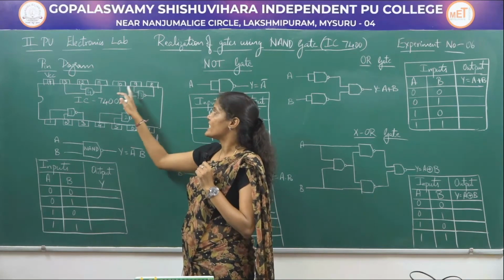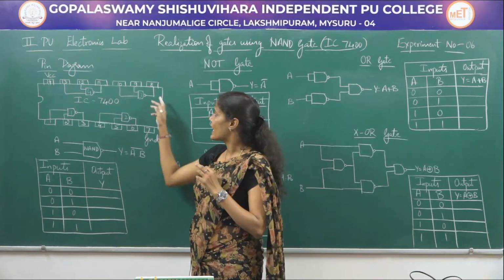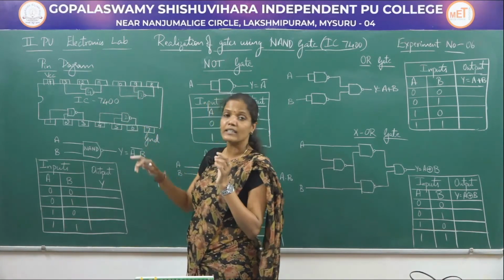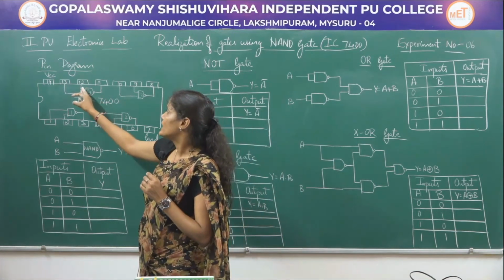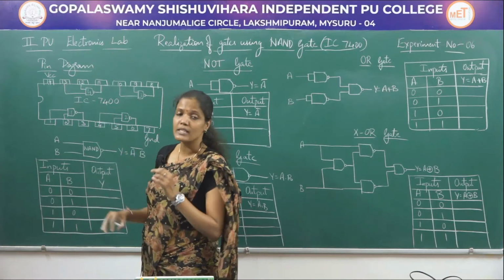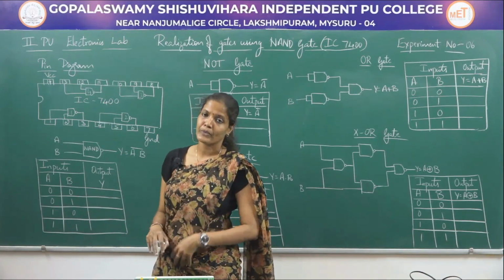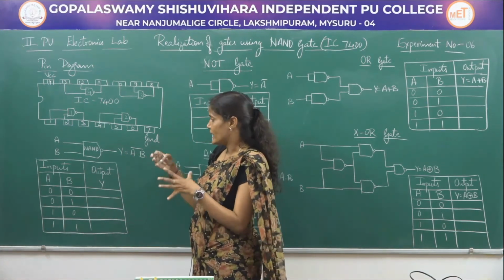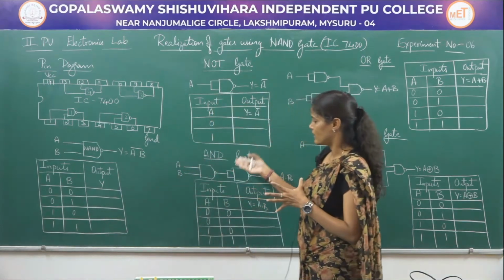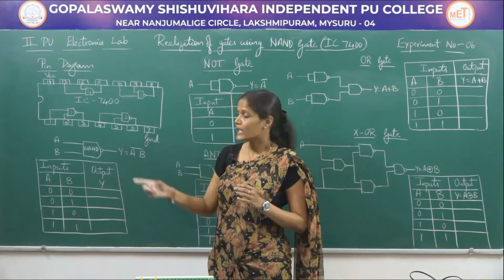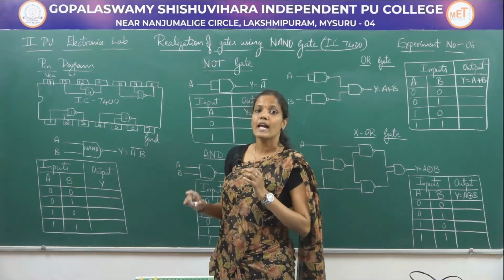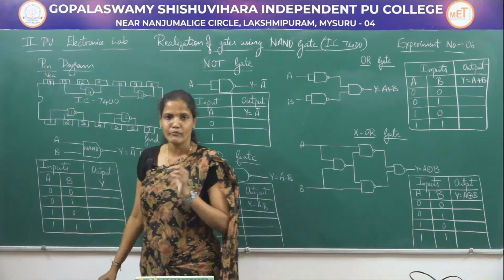Coming to the third, 9 and 10 are the input pins and 8 is the output pin. And coming to the fourth gate, 12 and 13 are the input pins and 11 is the output pin. So before connecting these circuits, you have to first connect the ground and VCC. Ground will be connected to pin number 7 and VCC will be connected to pin number 14.